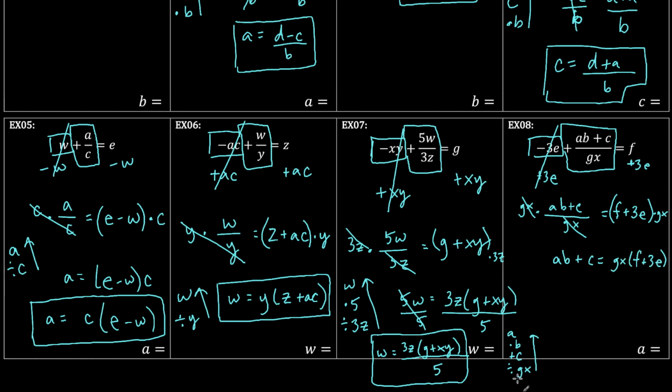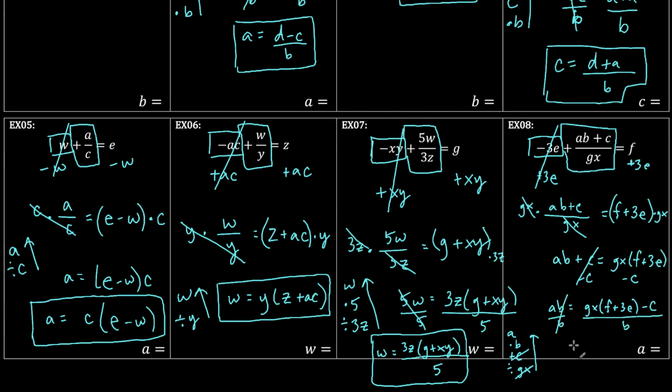Okay, and then we got rid of that, so minus c. So we get ab equals gx times f plus 3e minus c. And then divide by b.